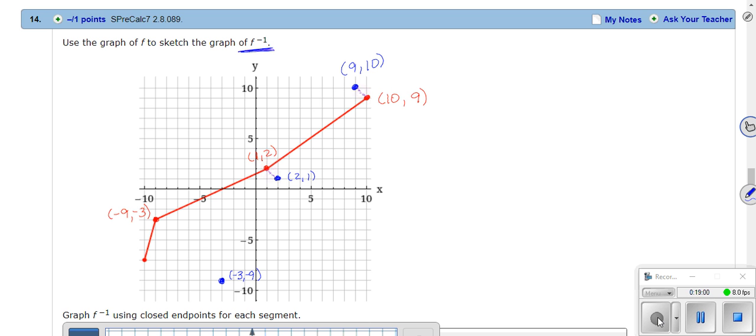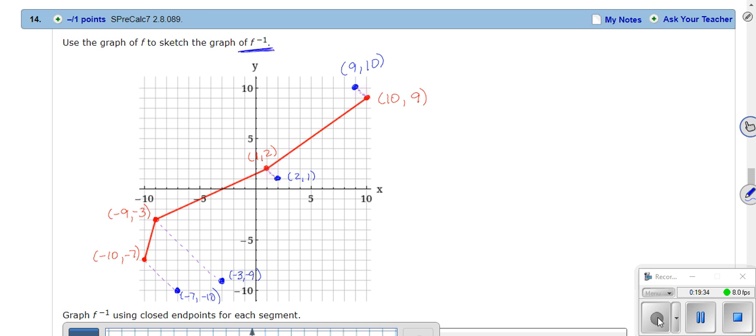Next, this point right here is (-10, -7). So its counterpoint in the inverse function is going to be (-7, -10). That's the counterpoint. We literally flip-flop the x and the y.